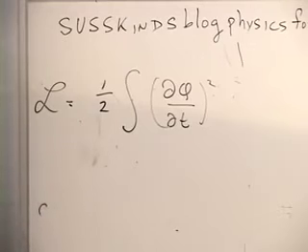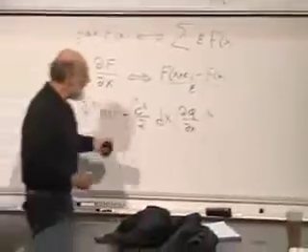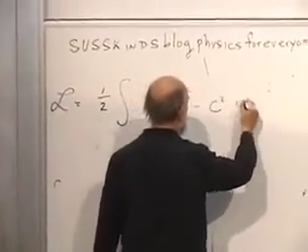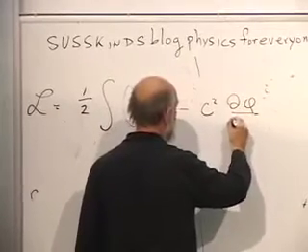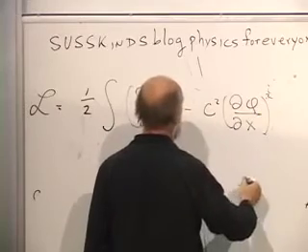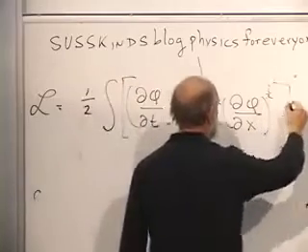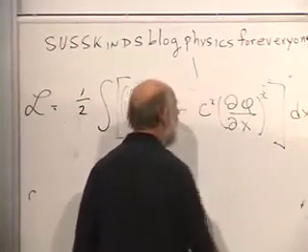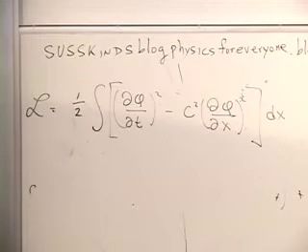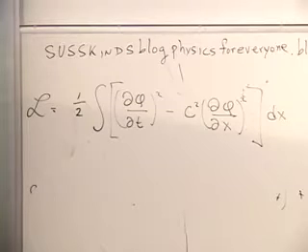That's the first term, the same as phi dot, d phi by dt squared, minus c squared d phi by dx squared. And that's it, all times dx. That's the Lagrangian. Now notice the Lagrangian is an integral now. It's not a sum over terms. It's become an integral.